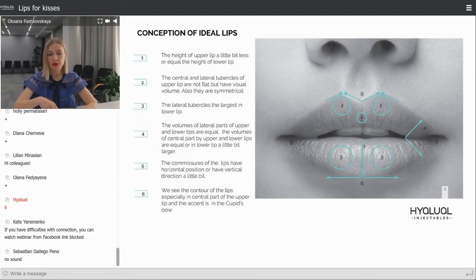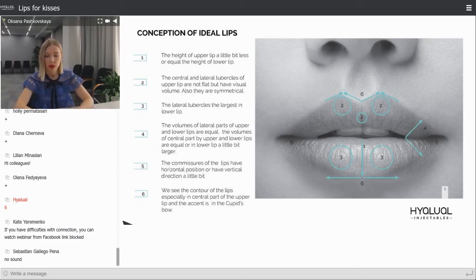The central and lateral tubercles of the upper lip are not flat but have visual volume, and they are symmetrical. The lateral tubercles are the largest in the lower lip, but sometimes, or maybe most times, they are equal in the upper and lower lip.